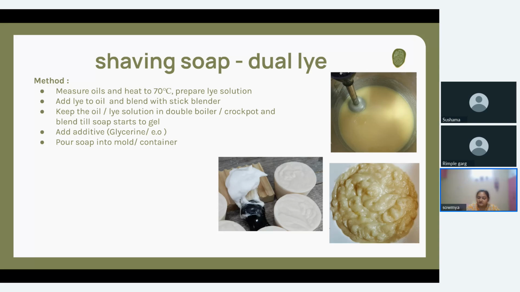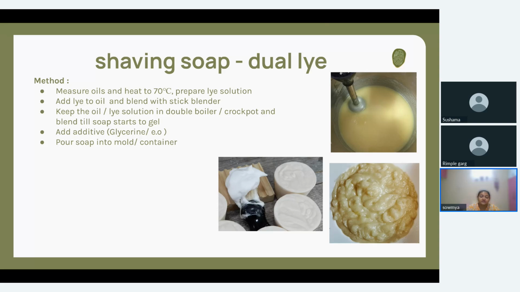You can also use a circular container if you have. The molds are entirely your choice. Once you pour it into the mold, you can unmold it after 24 hours, and then allow it to cure for 2 to 3 weeks, and you can start using your shaving soap.